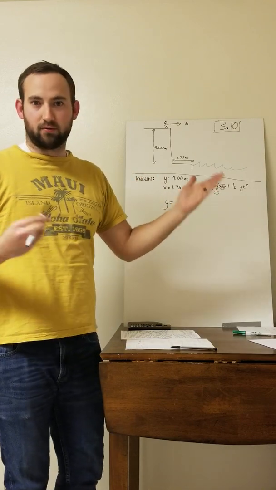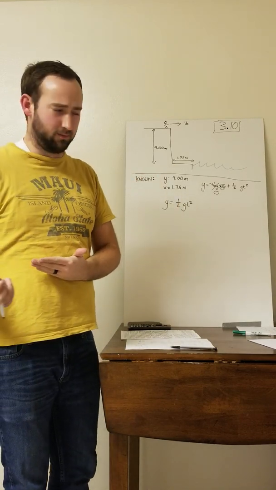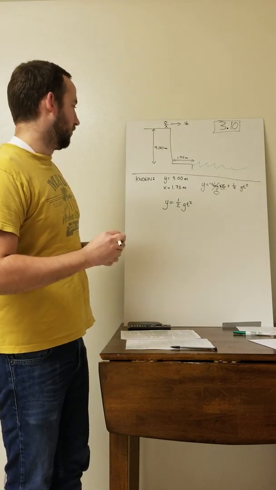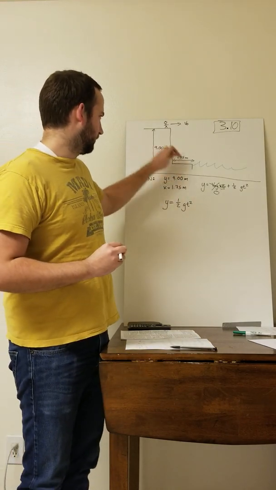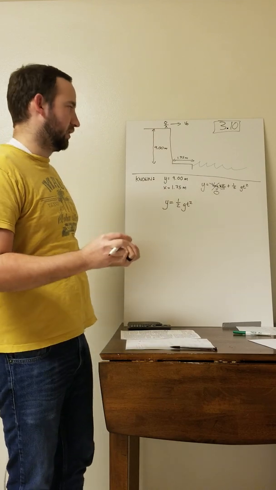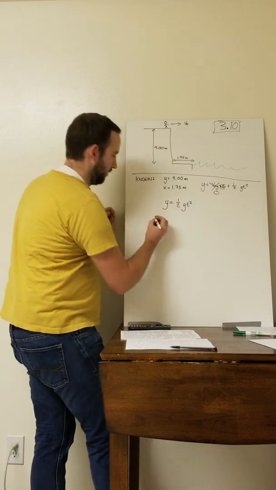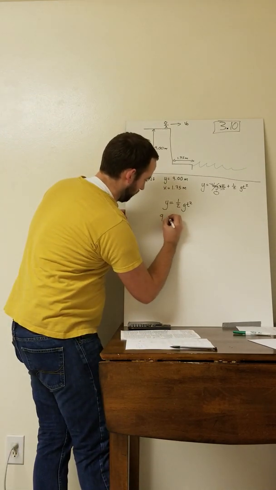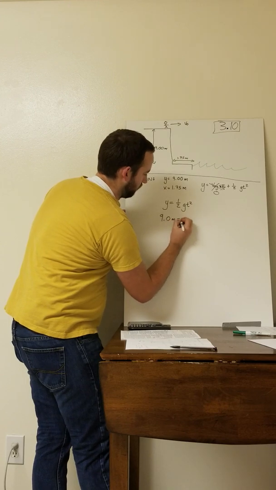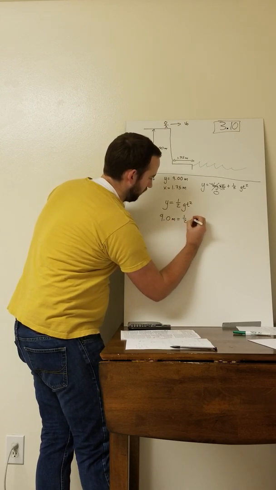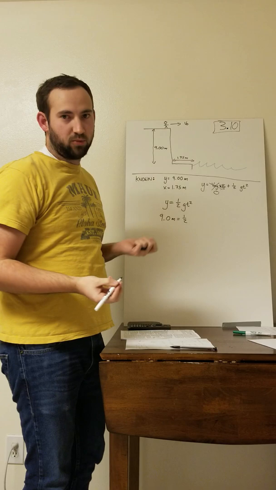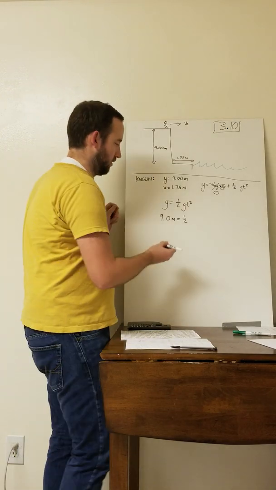Then from there, we'll use the time to find the velocity. So y is just the height here, so that's 9 meters, equals 1/2 times the acceleration of gravity, 9.81 meters per second squared.